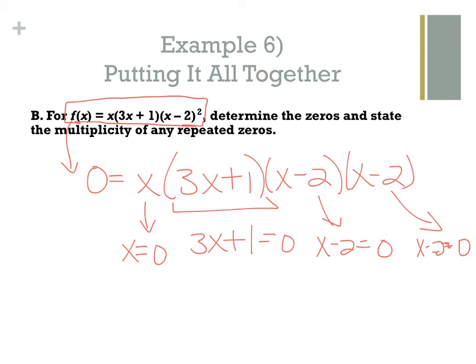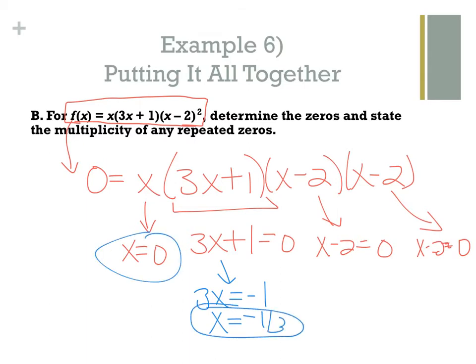Here, I have 3x equals negative 1, or x equals negative 1/3. Here, I get x equals 2 by adding 2 to both sides of my equation. And here, I would also add 2 to both sides and get x equals 2.